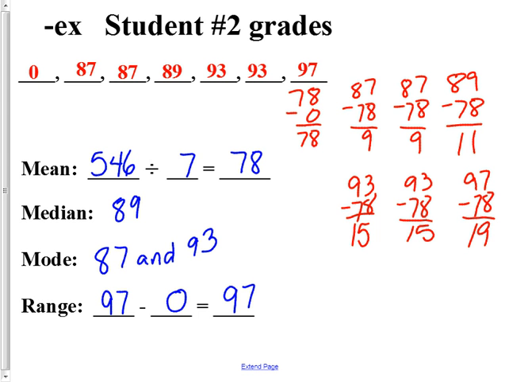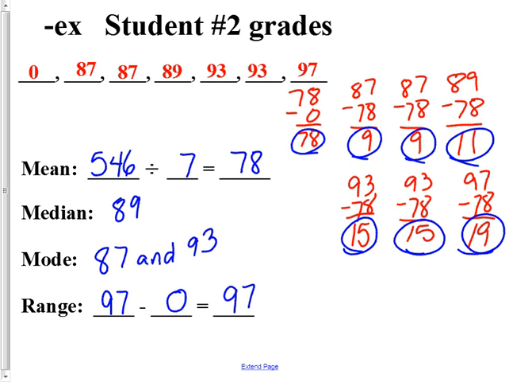So now I'm going to add all of those numbers together: 78, 9, 9, 11, 15, 15, and 19. When I add all of those together, I'm going to get 156. So that's the total deviation from the mean.